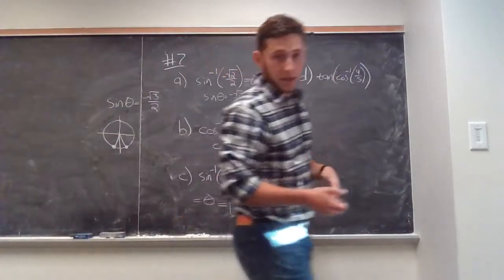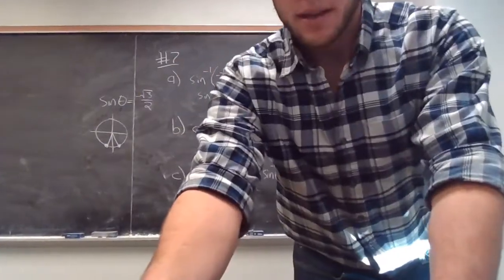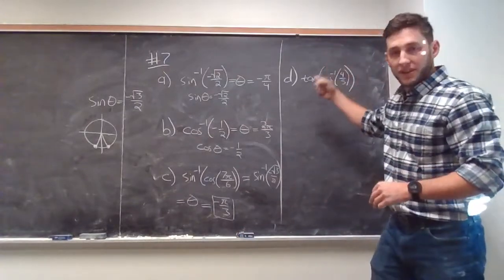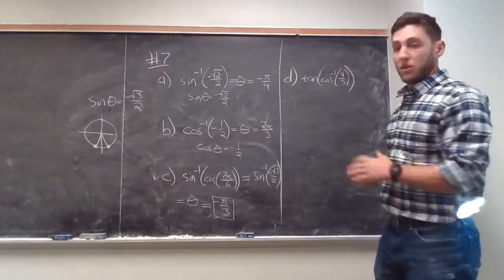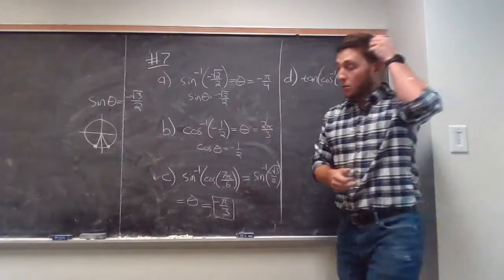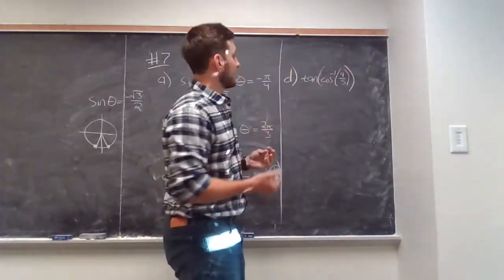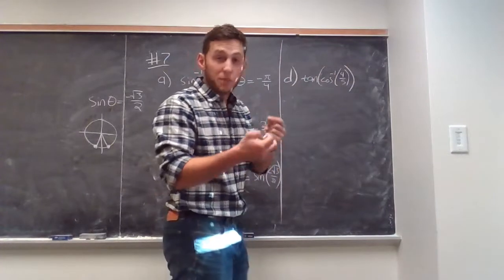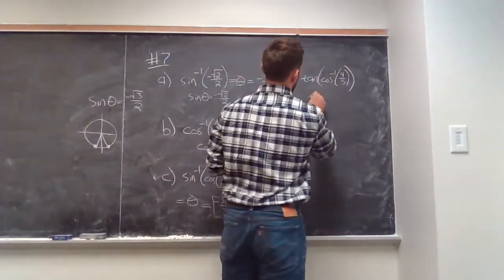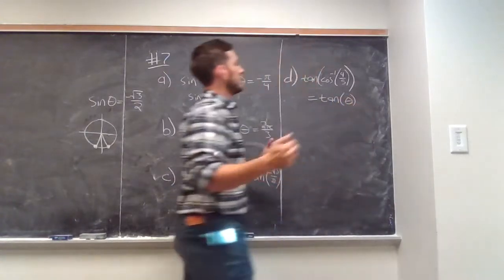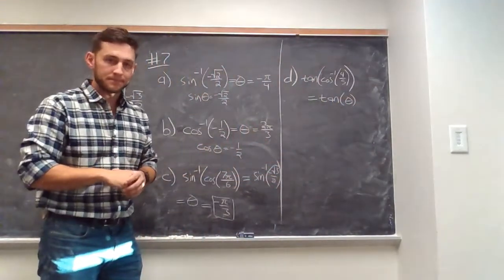This leads me way over here to our last problem. Tangent of inverse cosine of 4/5. Now, we're still going to start from inside out. We're going to write inverse cosine of 4/5 and replace it with an angle, because that's all it is, right? Let's find the tangent of some angle.